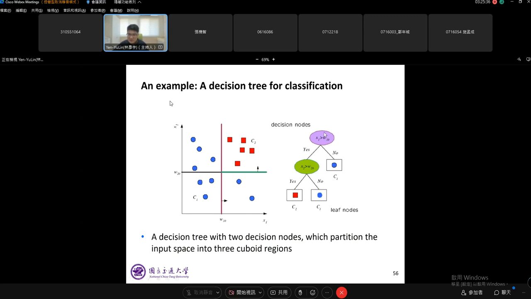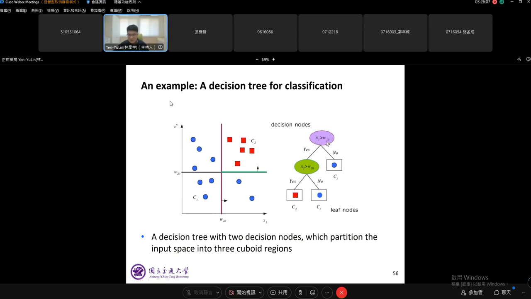We start from the root of this decision tree. We know the root of a decision tree is a decision node, and there is an associated decision function. This decision function takes one particular feature and one particular threshold into consideration. So this is the so-called decision function.